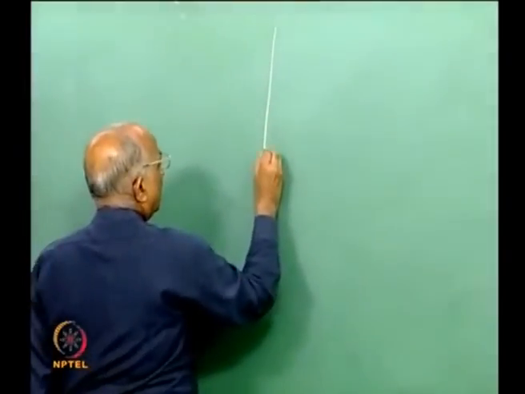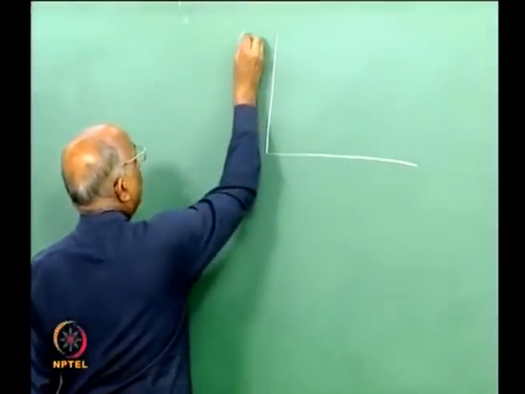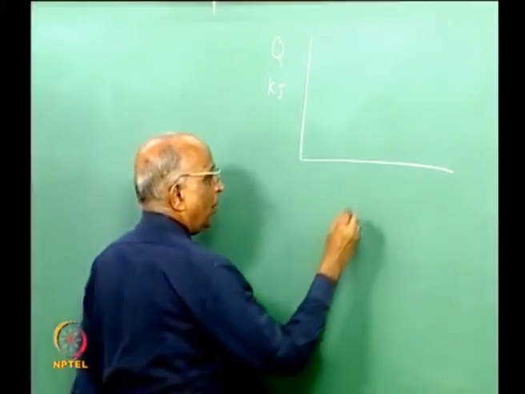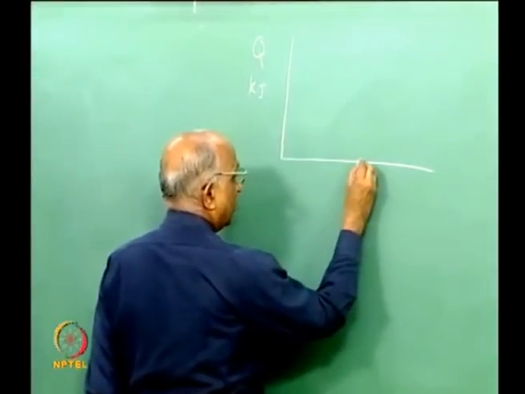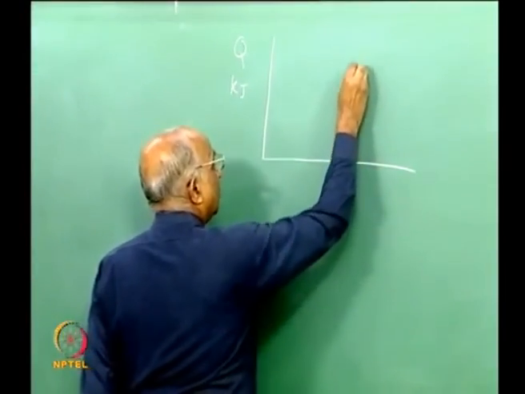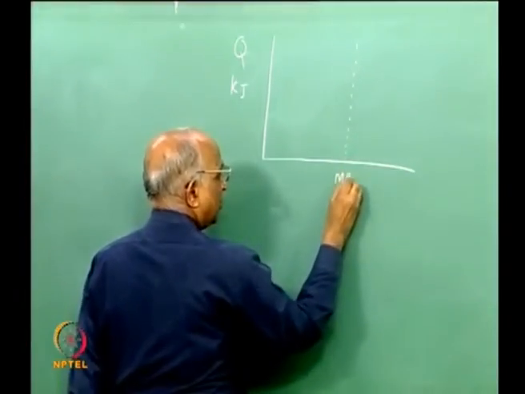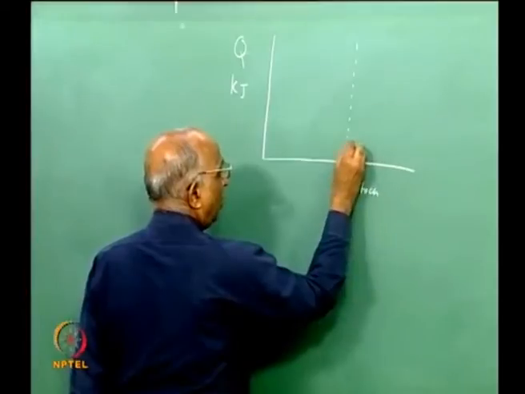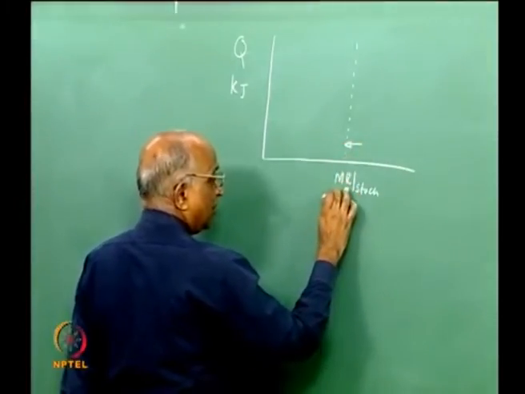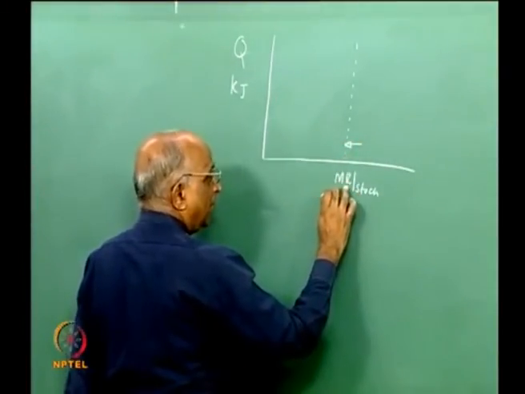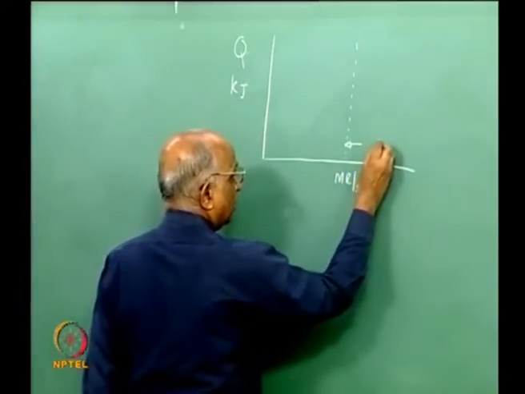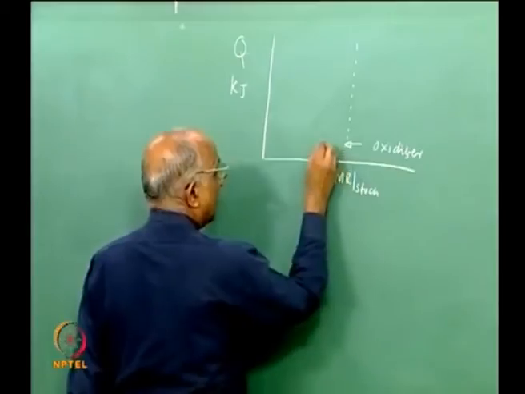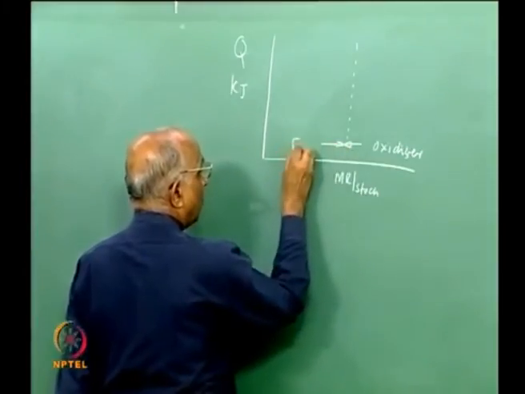We plotted the heat release Q, so much kilojoules, as a function of equivalence ratio or mixture ratio, and you said this corresponds to mixture ratio stoichiometric. This corresponds to the oxidizer rich, because mixture ratio is defined as mass of oxidizer divided by mass of fuel. This is the oxidizer rich zone, and this is the fuel rich zone.